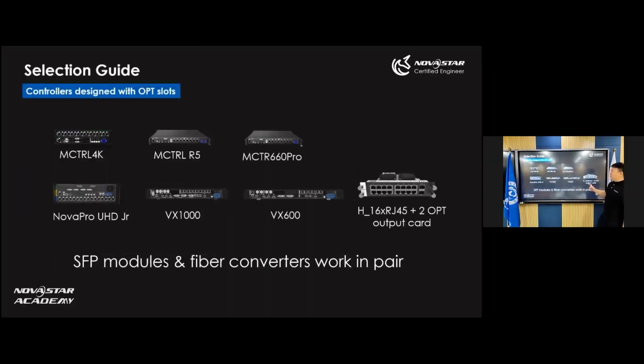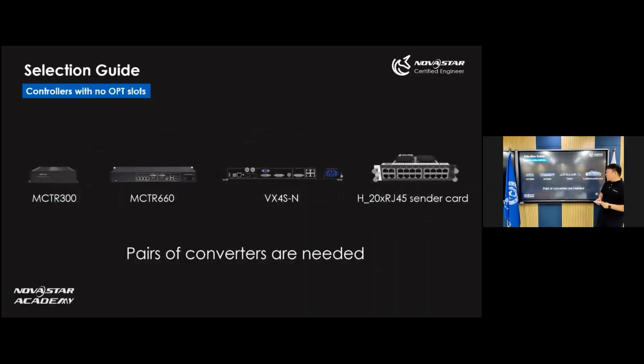Okay, here is a selection guide, but please remember here, the SFP modules and the fiber converter always work in pairs. No matter if it's CVT10 or CVT310 or 320, we need one for sending, one for receiving. But if there are some other structures, we can just use one. Yes, because we have some sending controllers with different modes, right? In the previous pages, we mentioned the fiber converter mode here.